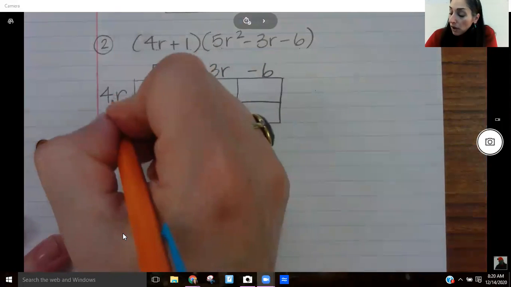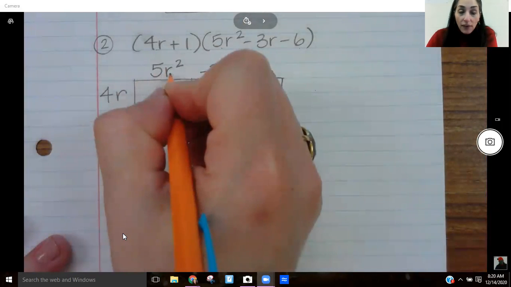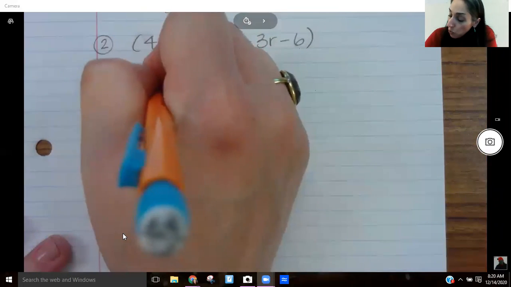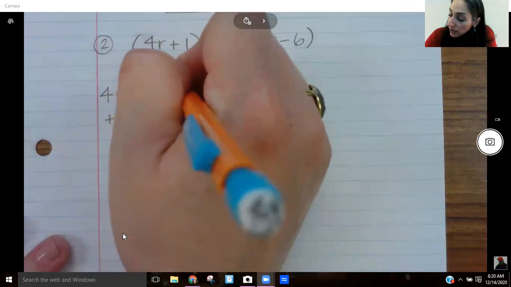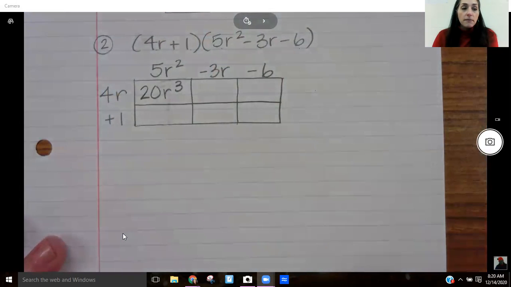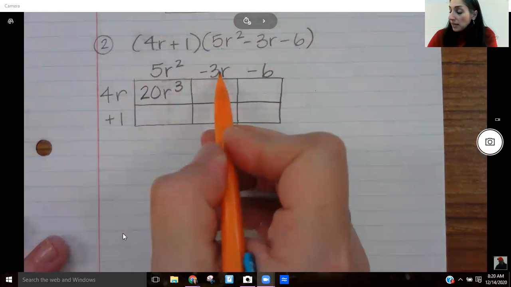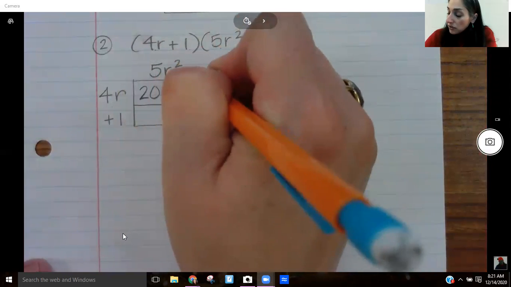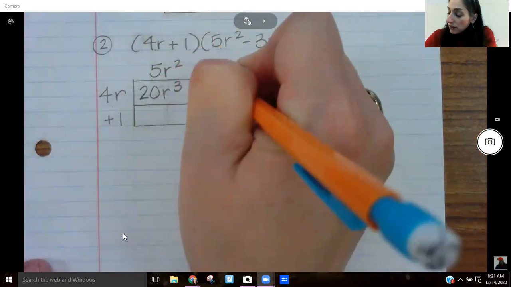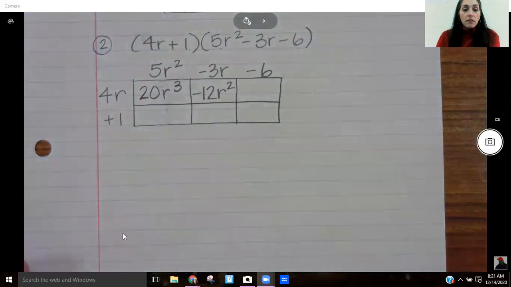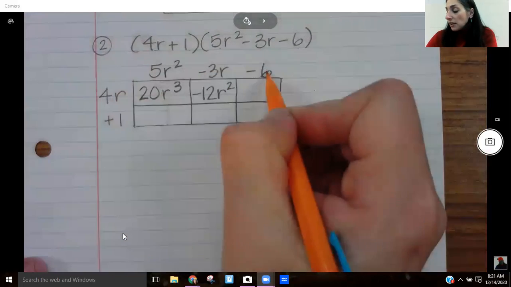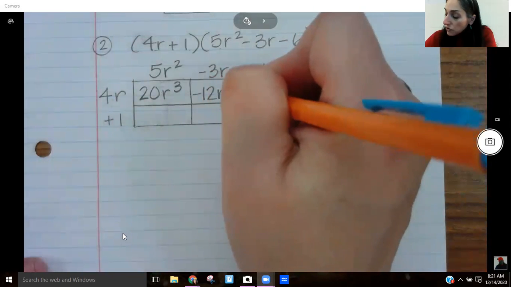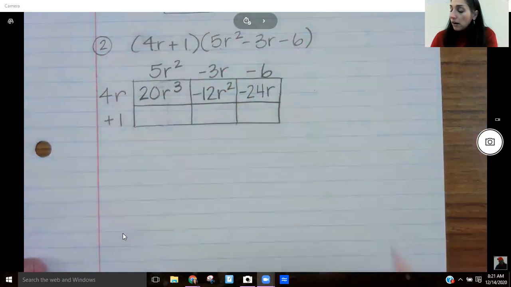All right, so 4r times 5r squared is going to be 20r to the 3rd. 4r times negative 3r is negative 12r squared. 4r times negative 6 is going to be negative 24r.